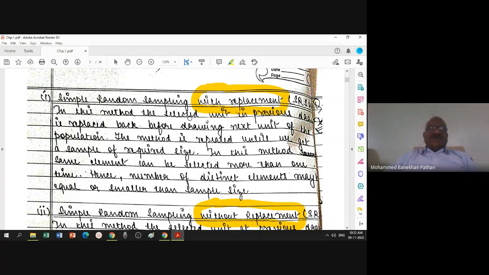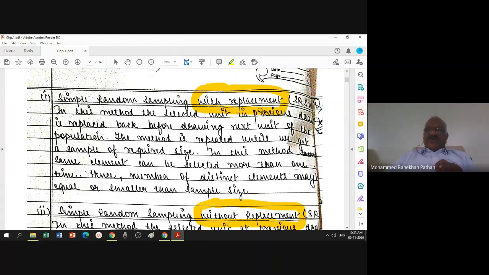So in this method, what is going to happen? The selected item I am putting back, so there is a possibility to select the same item again in my sample. So for with replacement, the same element can be repeated. So the number of distinct elements is not equal to the sample size. Sometimes it is the sample size, sometimes it is less than the sample size.